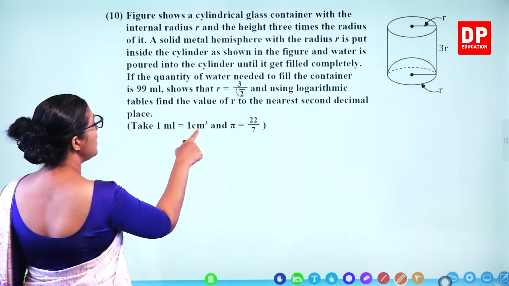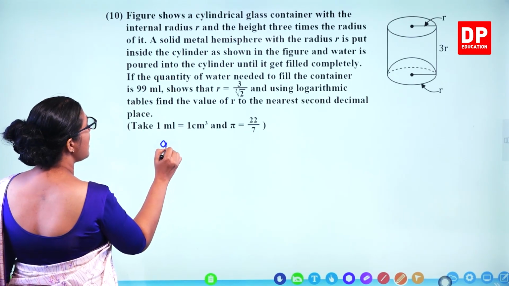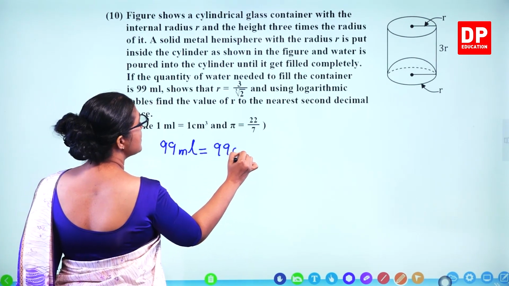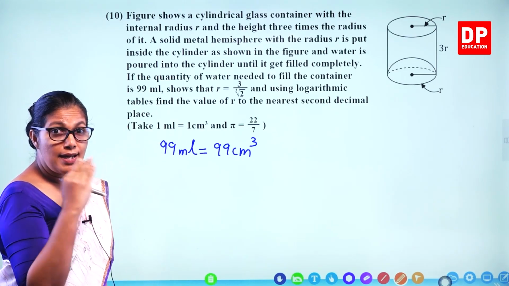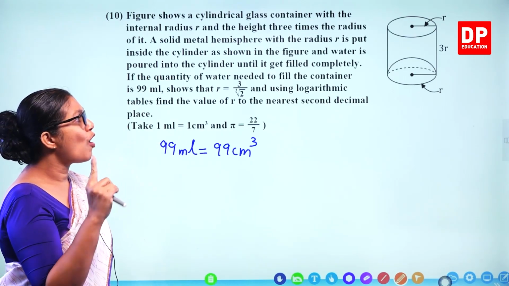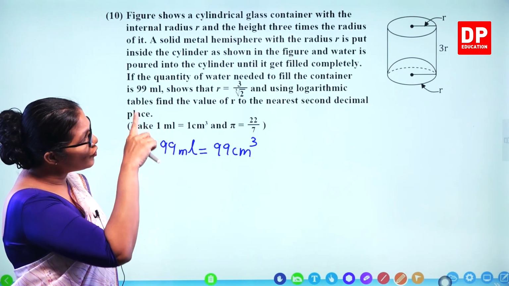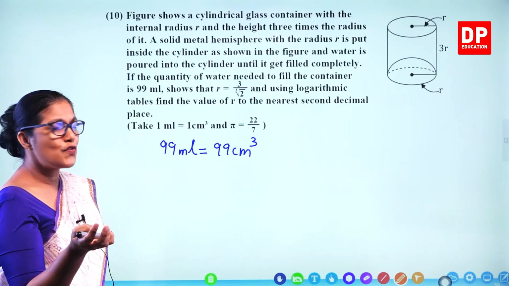We already know that 1 milliliter is 1 cubic centimeter. That means 99 milliliters is 99 cubic centimeters. So we can form an equation. The volume of water is the difference between the two volumes: volume of cylinder minus volume of hemisphere.